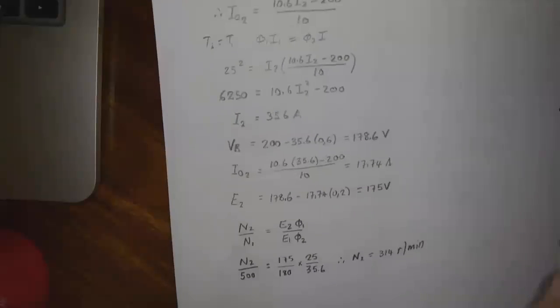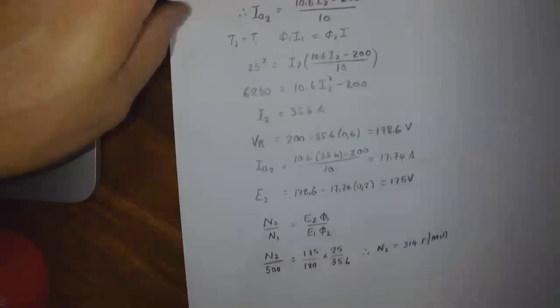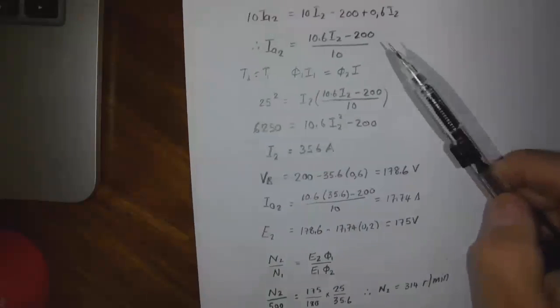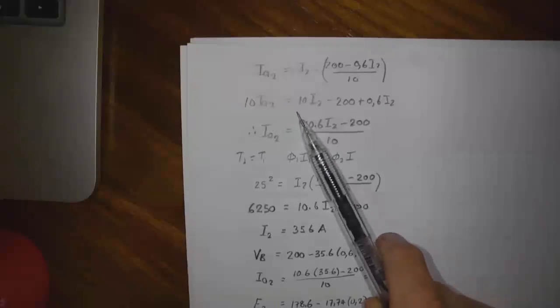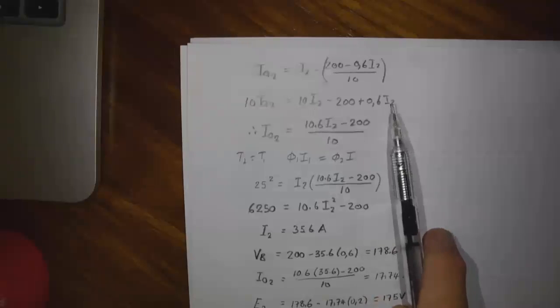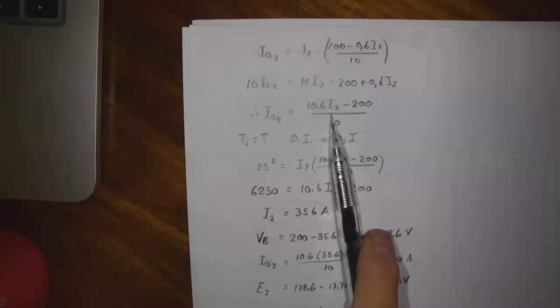And then if we substitute everything there, we get that 10 IA2 is equal to 10 I2 minus 200 plus 0.6 I2. IA2 is then (10.6 I2 minus 200) divided by 10.